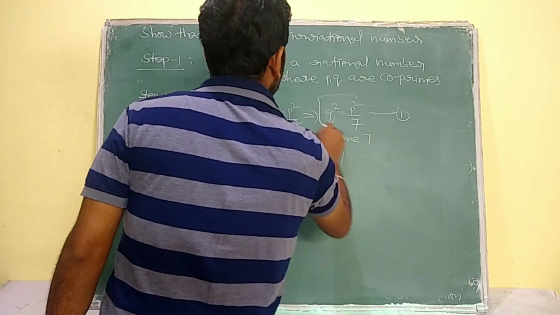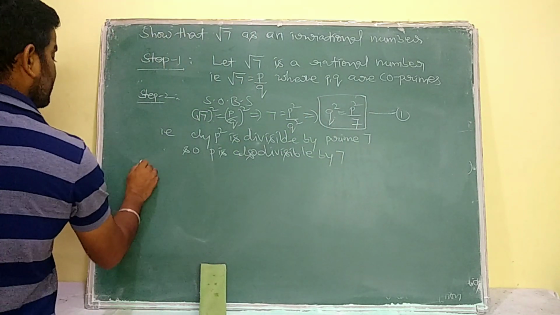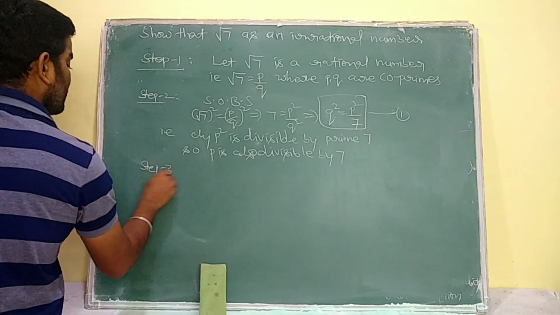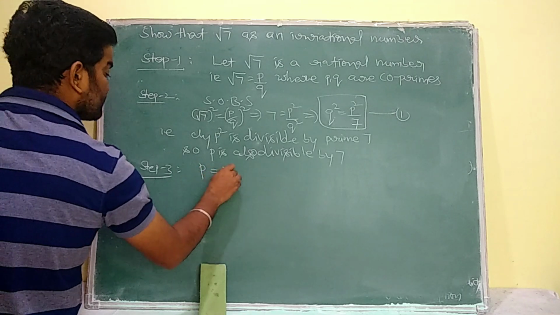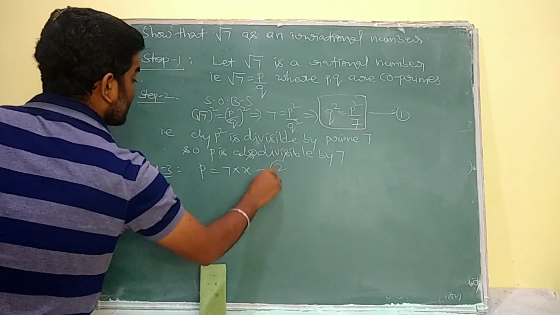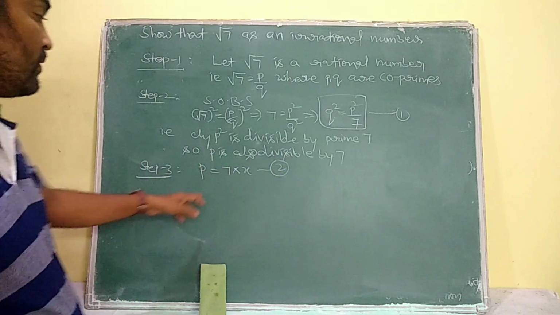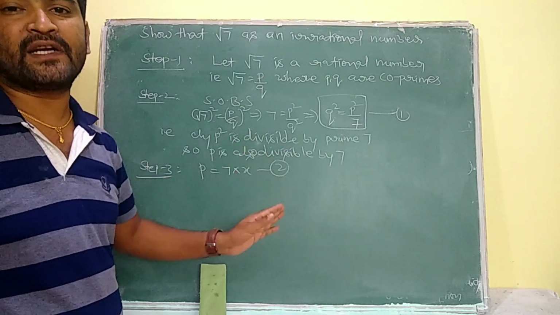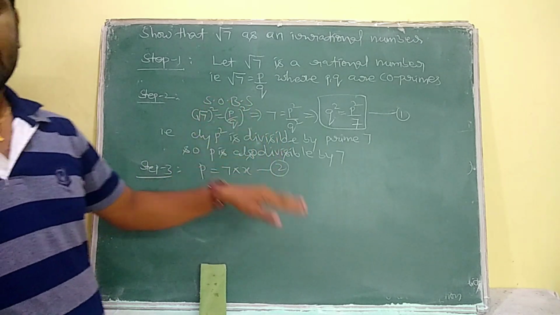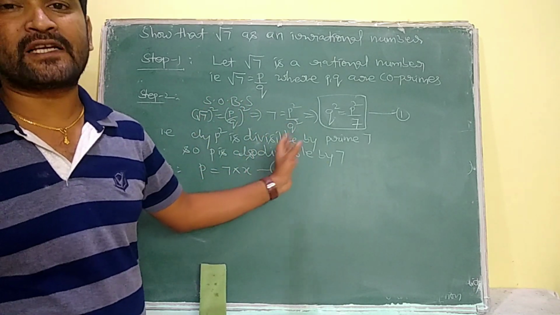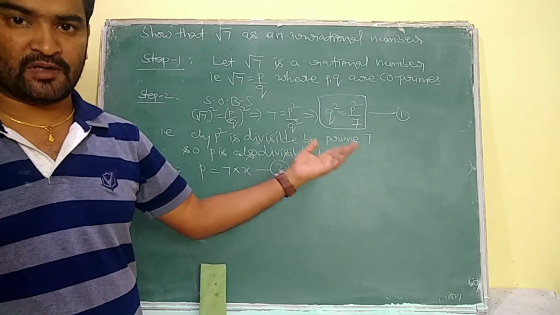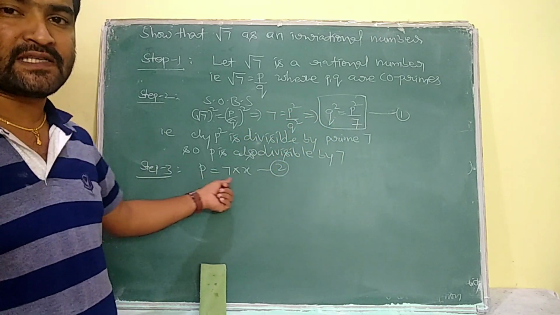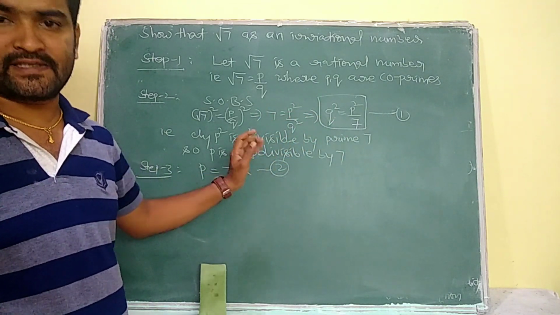So we have to express that p as some 7 into x. That is our equation 2. Why? Because this p is divisible by 7. If a number is divisible by some prime p, that number is expressed as that prime into some other number. That is why p is expressed as 7 into x.